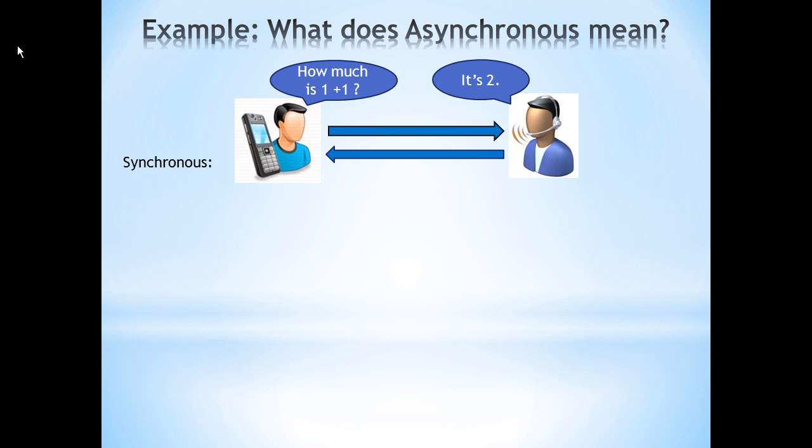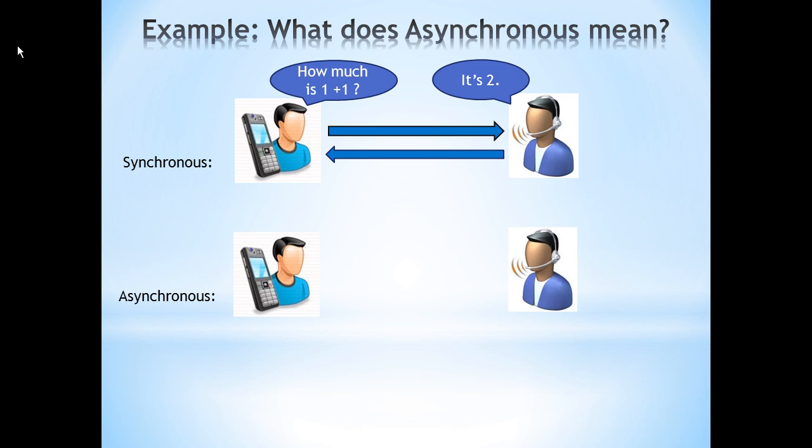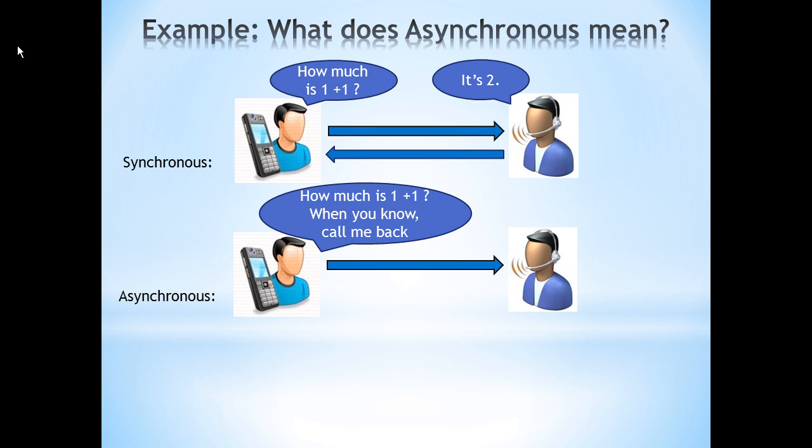Basically, I pick up my phone, I make the call to the help desk, I ask my question, and I get an immediate response. So how does asynchronous work? Well, same scenario. Again, I am making a call to the help desk, and after a connection is established, I'm saying, how much is 1+1?